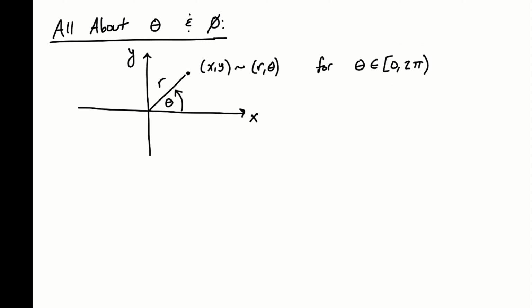And of course, in this case, r would be 0 to infinity. That seems to make the most sense. This doesn't mean we can't have crazier point values, like can't we have an r value of like -2 and maybe 9 pi over 4?